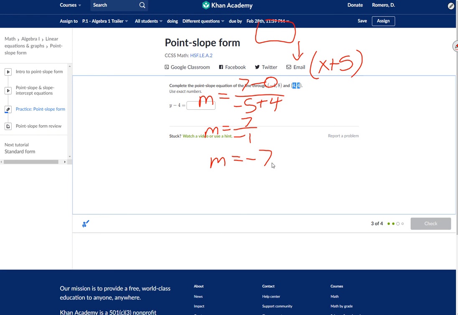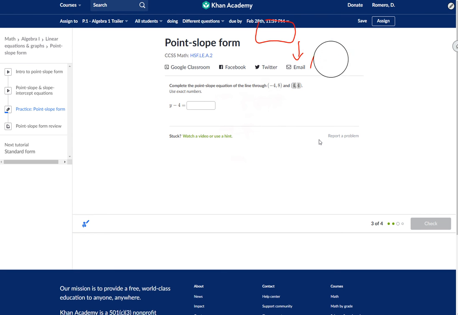So can we use negative 4? No, you can't, because if this is saying y minus 4 up front, that's because they used this one here. Actually, this is a negative 4, but that's an x. If they would have used that point, this would have already been saying y minus 8. So you have to use the other 4.